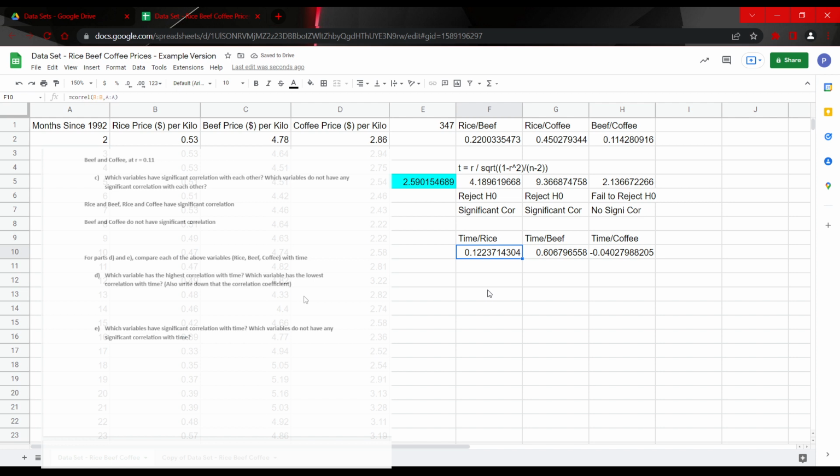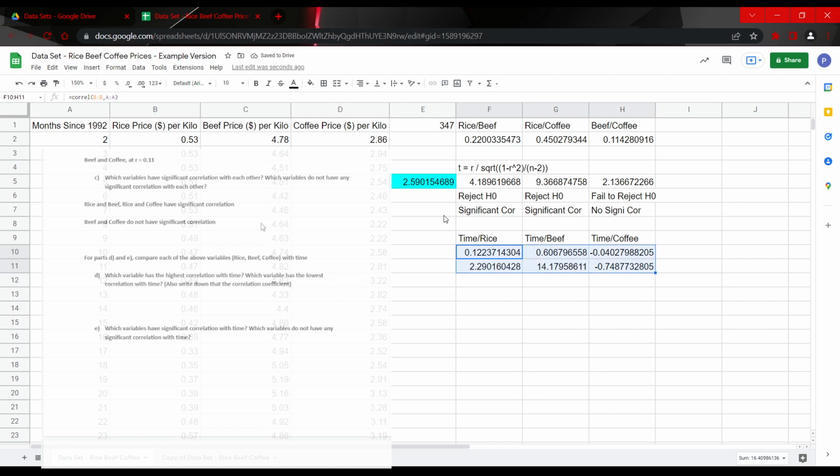And so I have my correlation coefficients. Since I already did the formula here, I can just copy and paste that a little bit and change this from F8. I want that to be F6, I believe. F10, and F10 here. Okay.